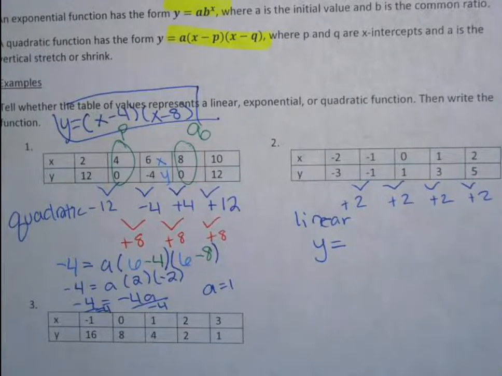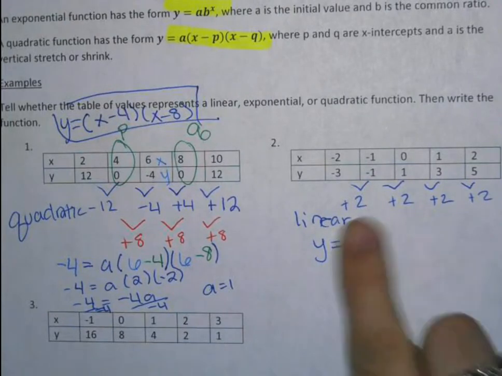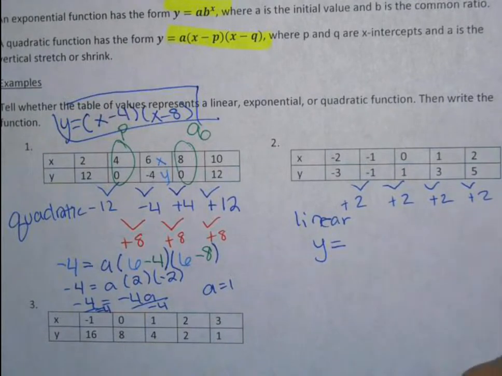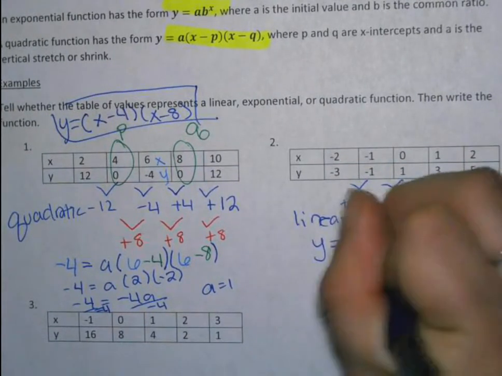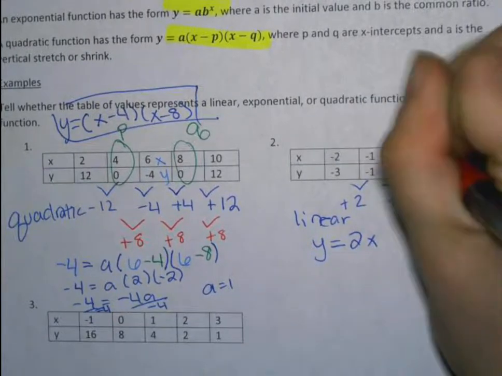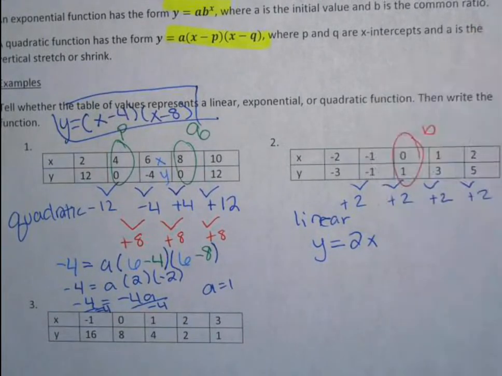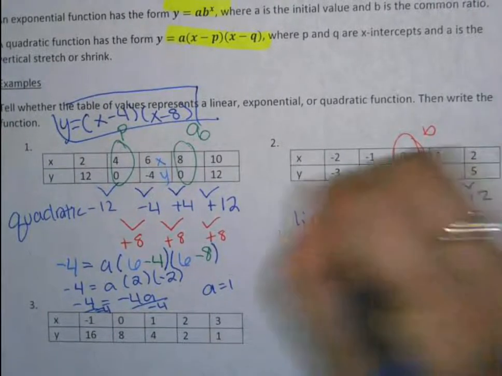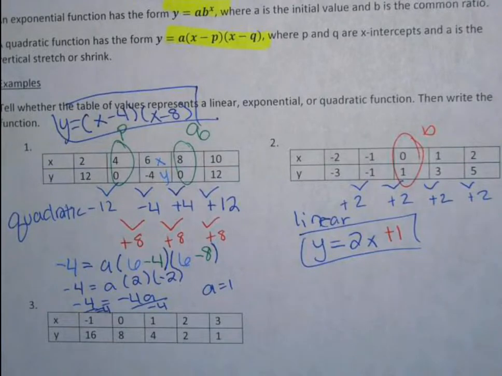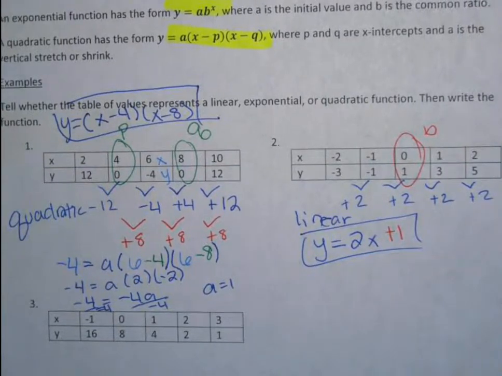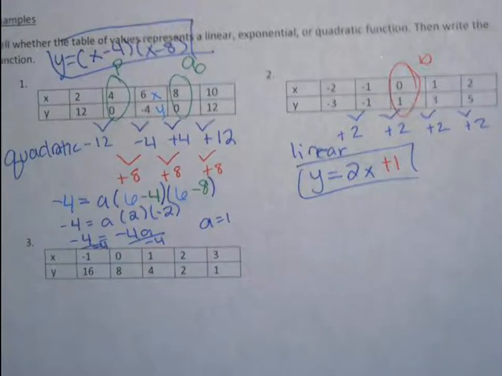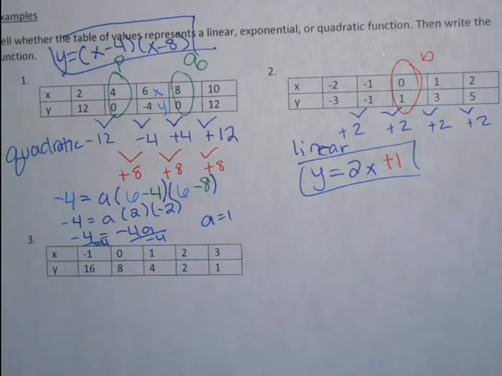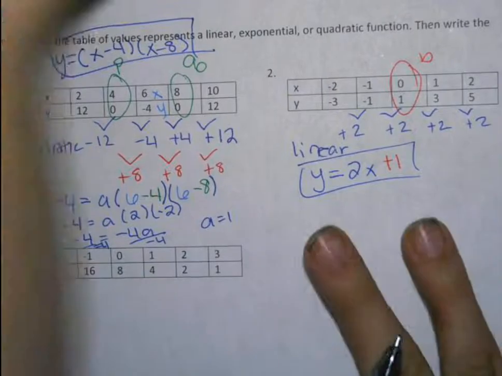What is my m? You guys remember? My m is the number that I keep repeating over and over again. 2. And then for my b value, that's the number with the 0. So, plus 1. Questions on this equation? Okay.